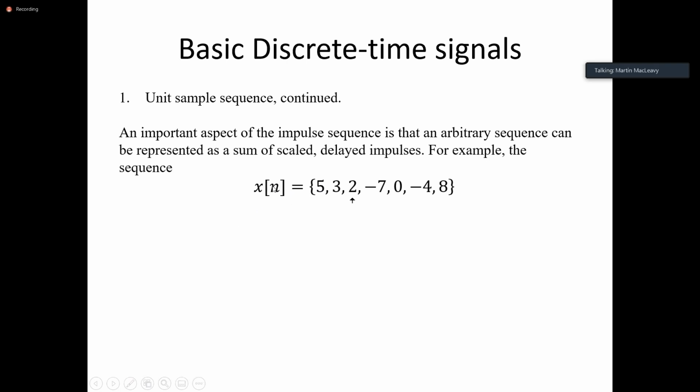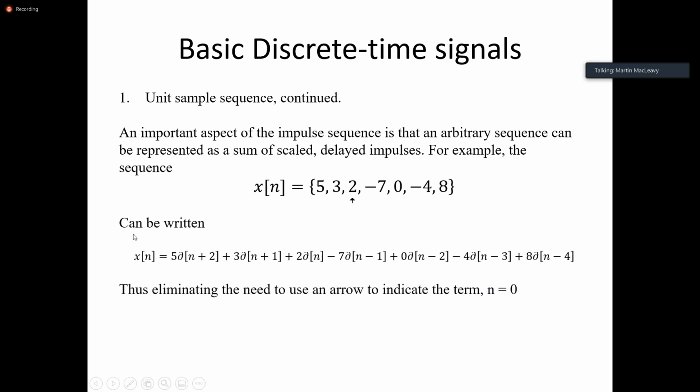So here we look again at our sequence, where 2 is our 0th value, and we can see that it can be written in this form here, where x of n is equal to this equation here, and it will just be better to go through it. Okay, now this is a sum of impulse functions, right?